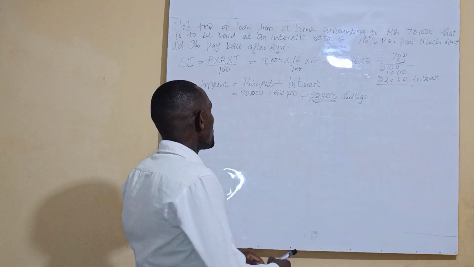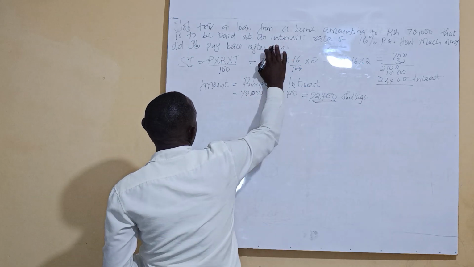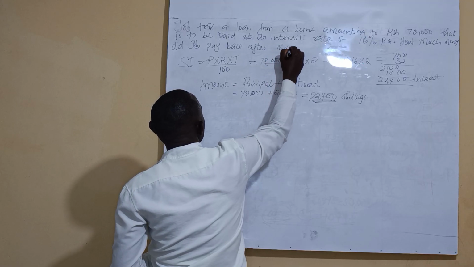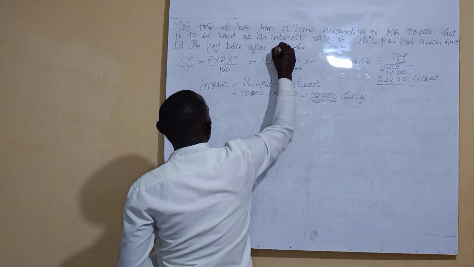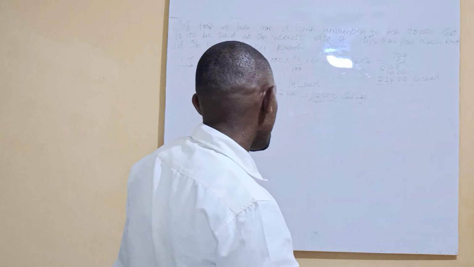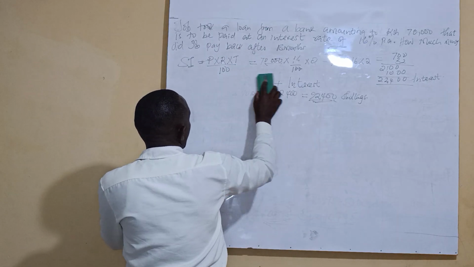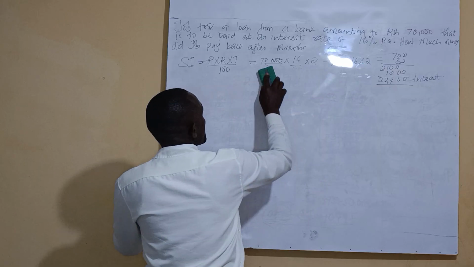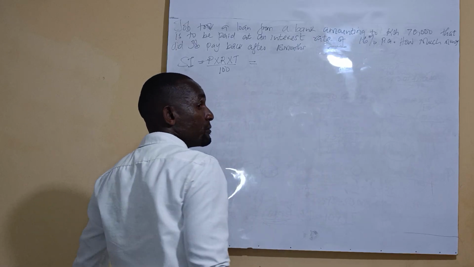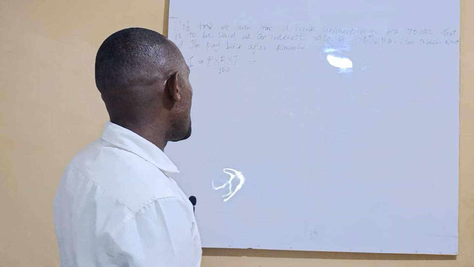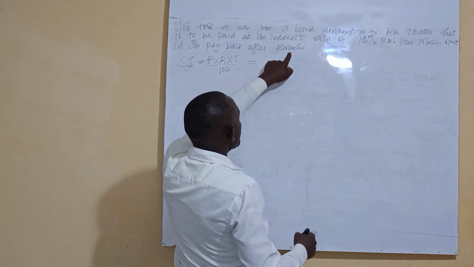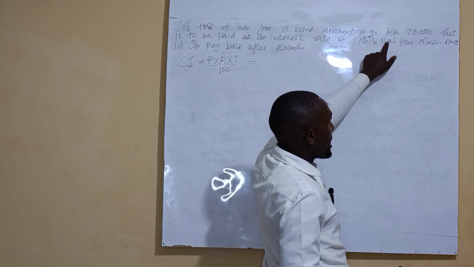If you've been told that the interest is to be earned after 18 months, this is going to be a different case, because when you're working out this question, you'll be required to apply the rule of working with the same units of measure. In this case, we are dealing with months and we are dealing with interest per annum.